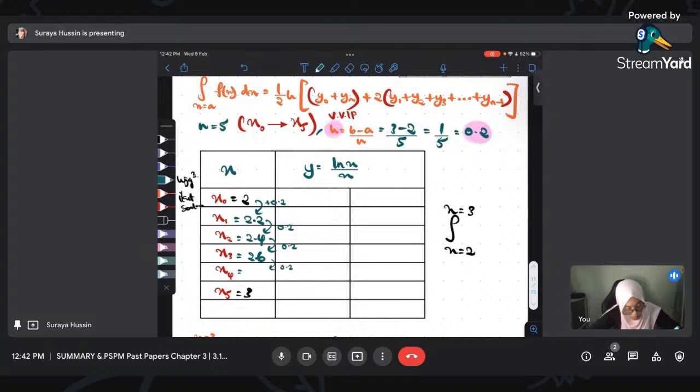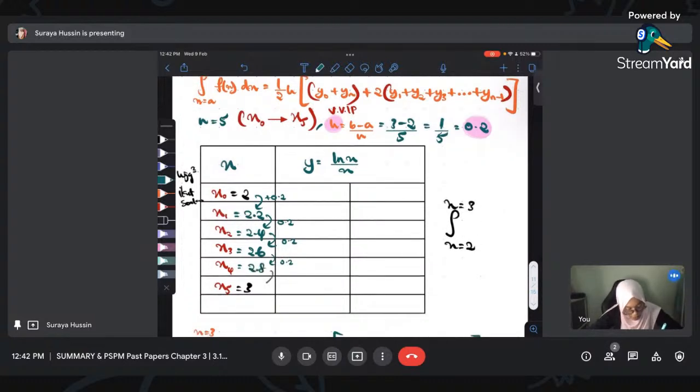Plus again 0.2, 2.8. And plus again 0.2, you will get 3. Nampak kan permainan dia? So you don't have to write this down every time. Yang penting you faham, tambahkan dengan H dia sahaja. Tambahkan saja. Jangan takut. Sebab yang penting kamu akan nampak, oh hujung dia mesti tepat. Kalau hujung dia tak tepat, confirm ada salah sikit mana-mana lah.